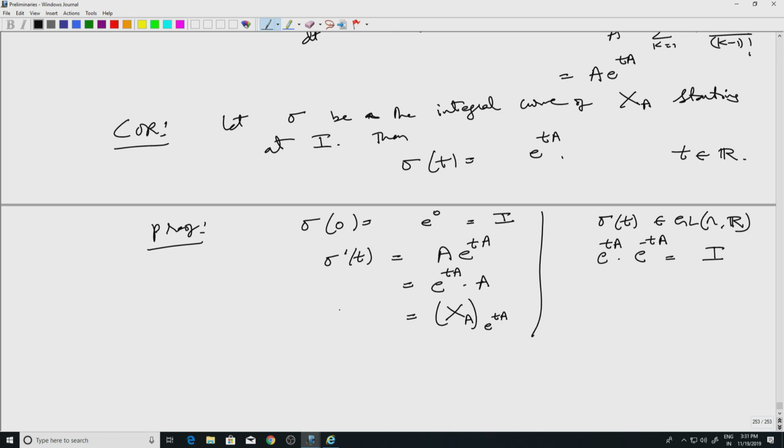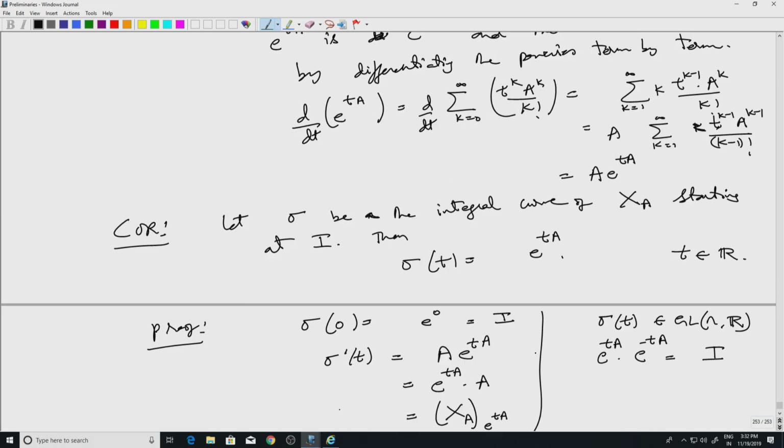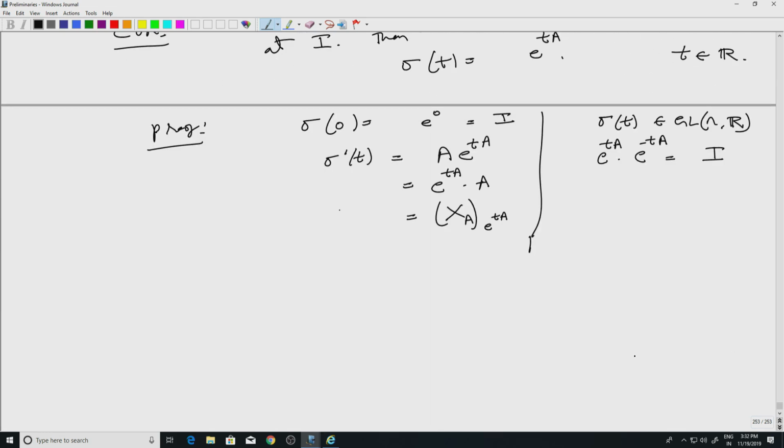And the way one sees that this is equal to identity goes back to general properties of power series. When you multiply two power series, you can just multiply the partial sums and then take the limit if they both converge.